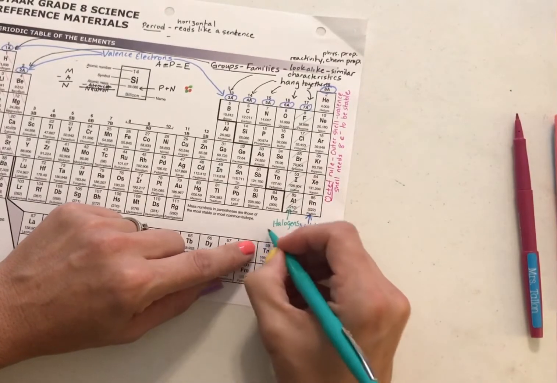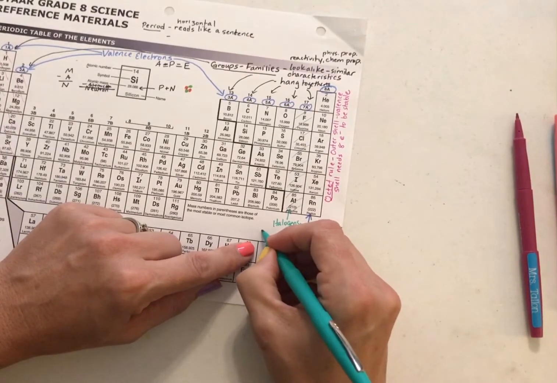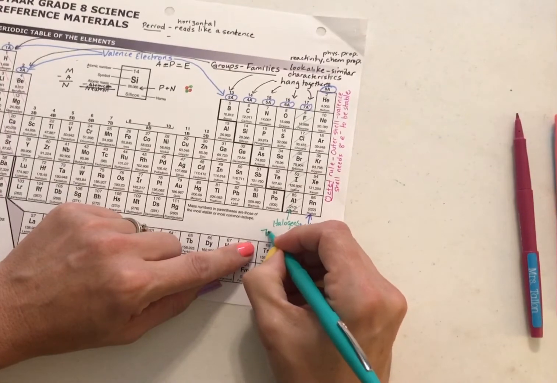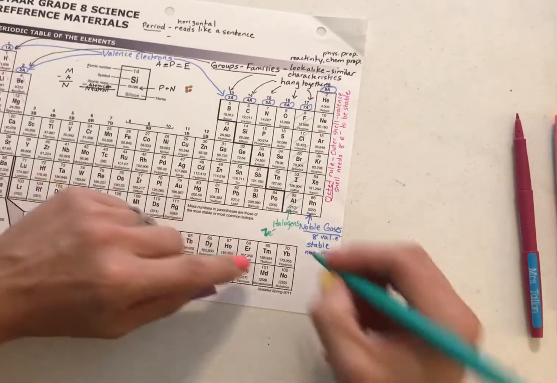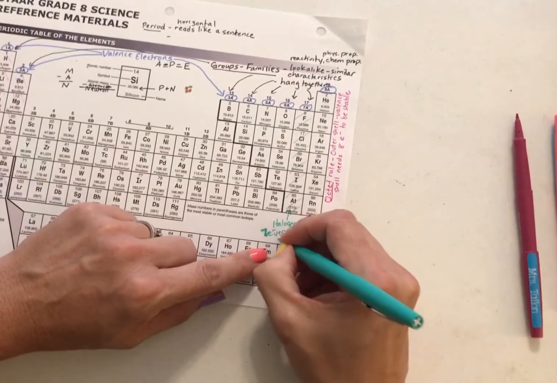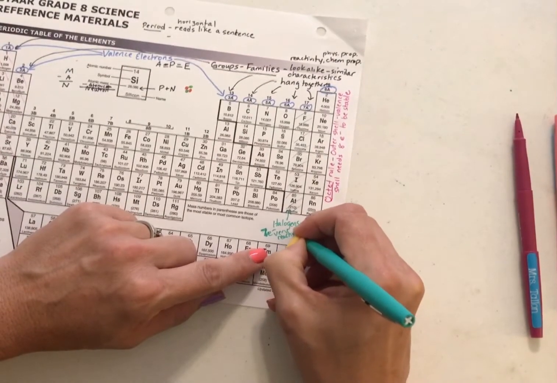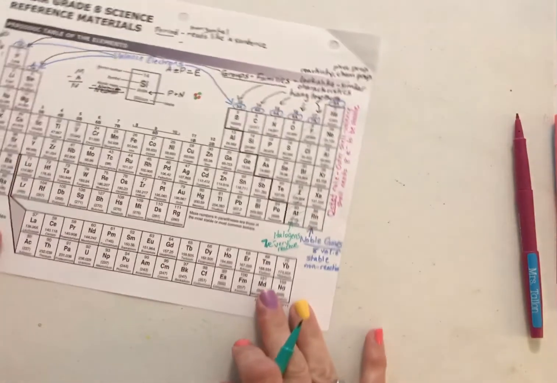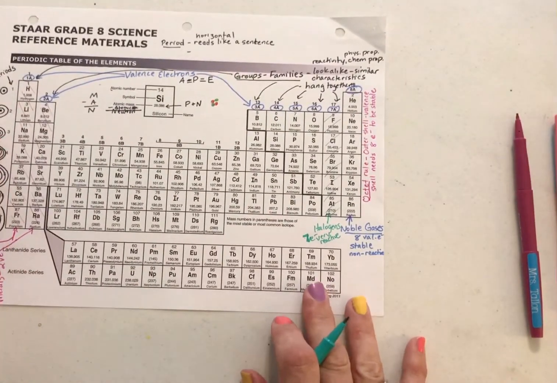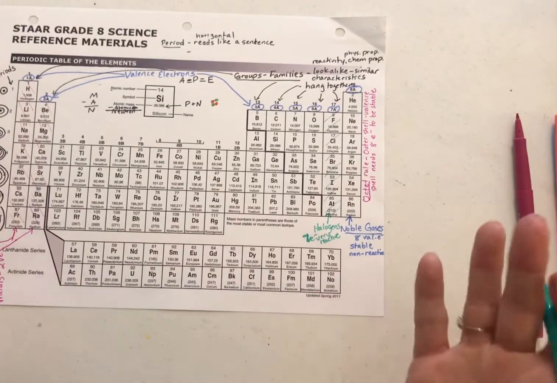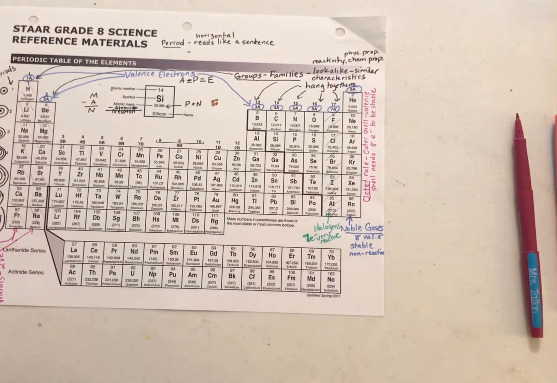And they are extremely reactive. They have 7 valence electrons, Ve, 7 Ve, valence electrons, and they are very reactive. And they are non-metals.